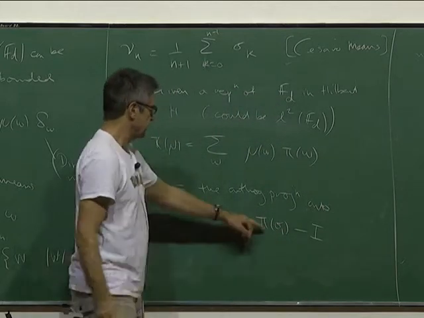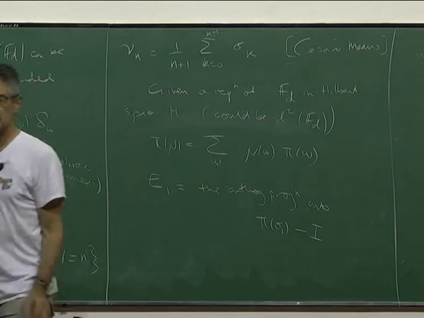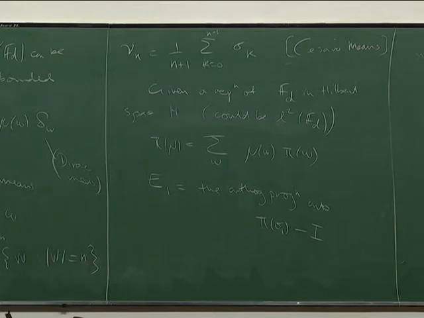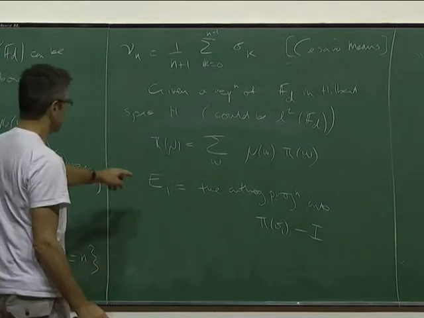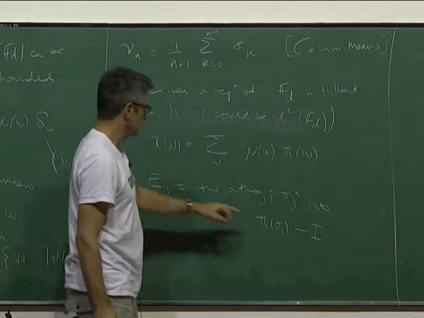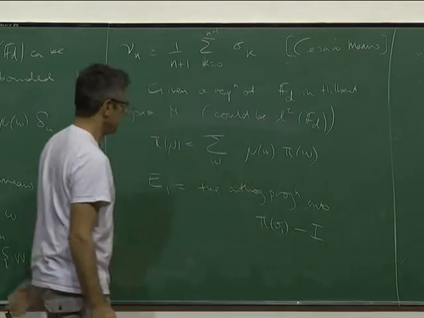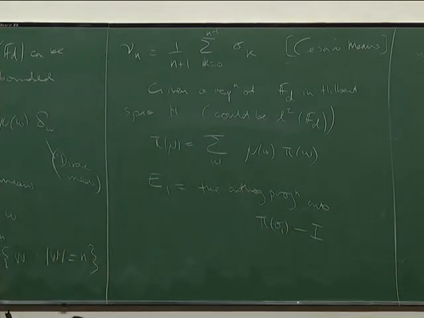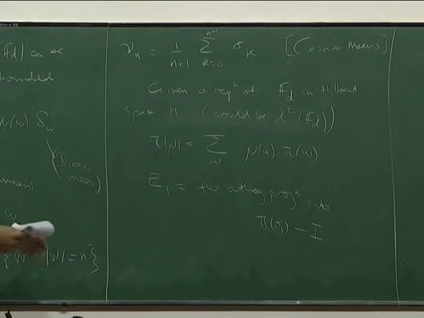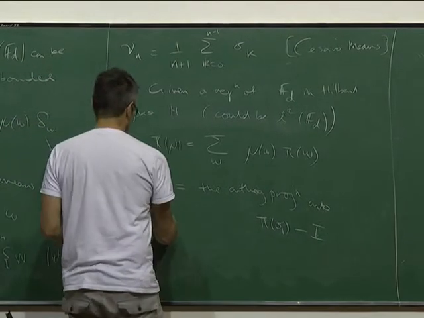So pi of sigma_1, the words of length 1, are just the individual generators, and the invariant things are going to be the things in the image of pi(sigma_1) minus 1. That means it's invariant.